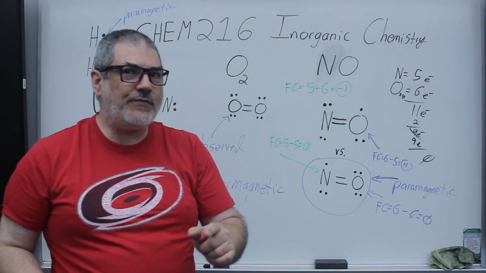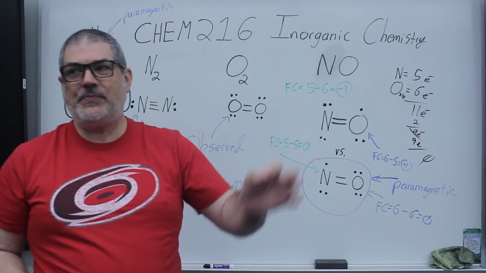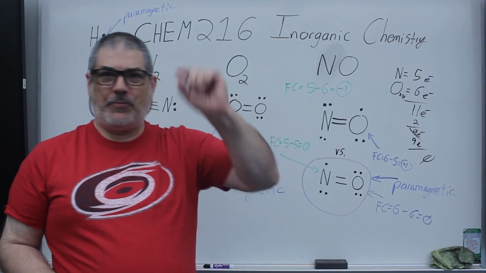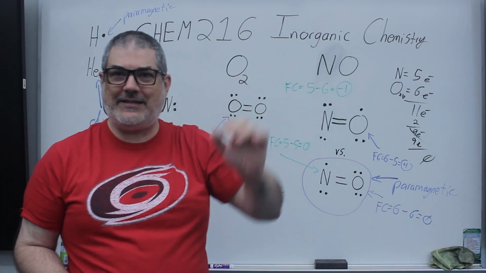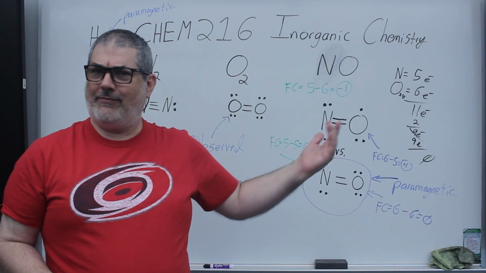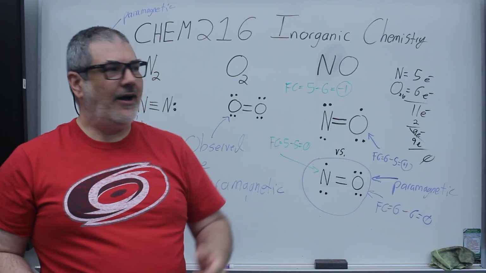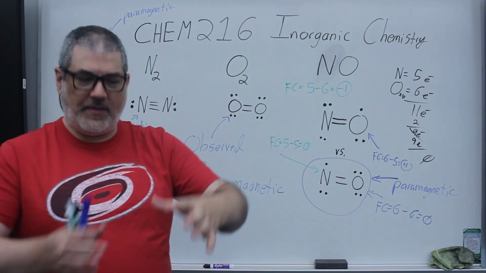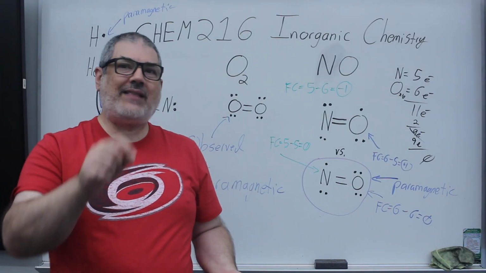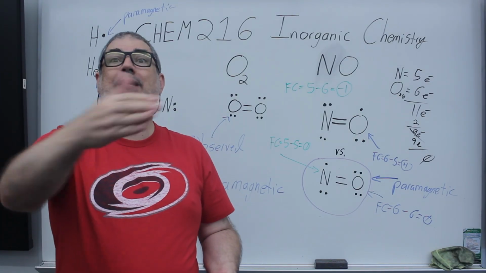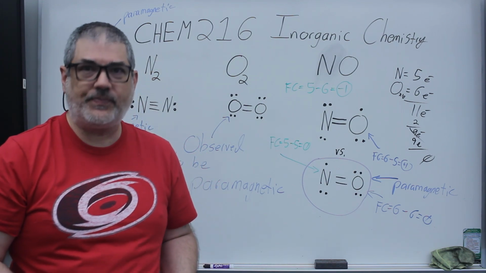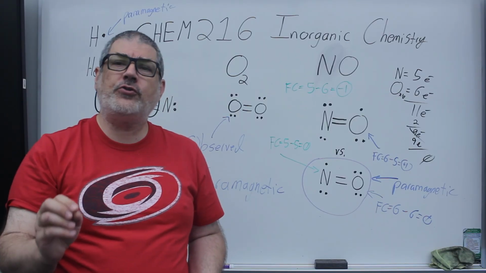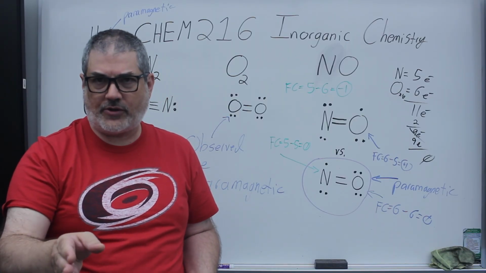For those of you who have taken organic chemistry, you've actually seen molecular orbital theory. I'll put an asterisk there, molecular orbital theory light, if you will. And you might be saying, what's he talking about? We didn't do that. Yes, you did. Aromatic molecules, the benzene ring, that's actually the first step into molecular orbital theory. In general chemistry and organic chemistry, we refer to them as resonance structures.